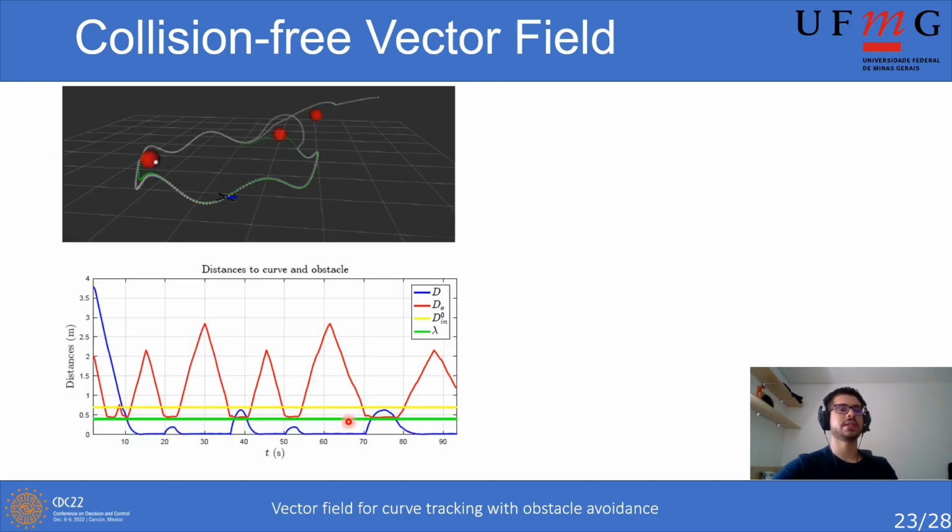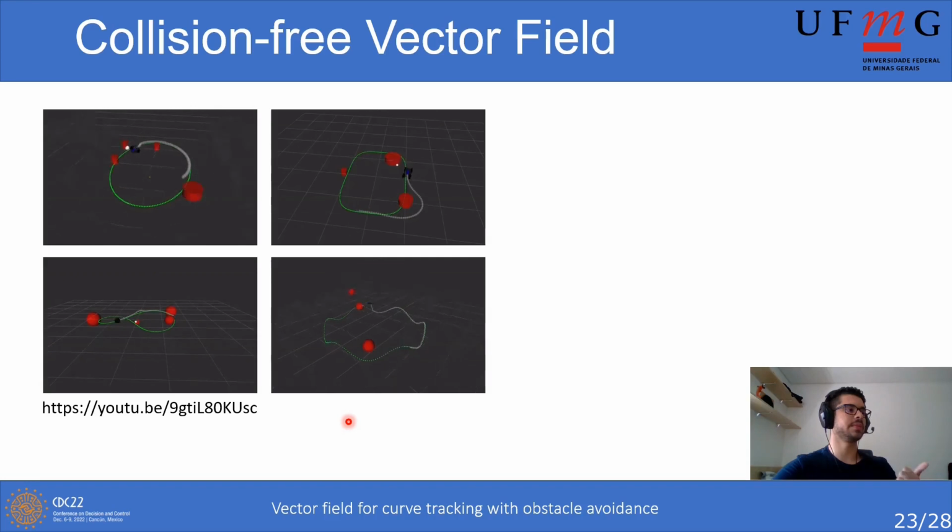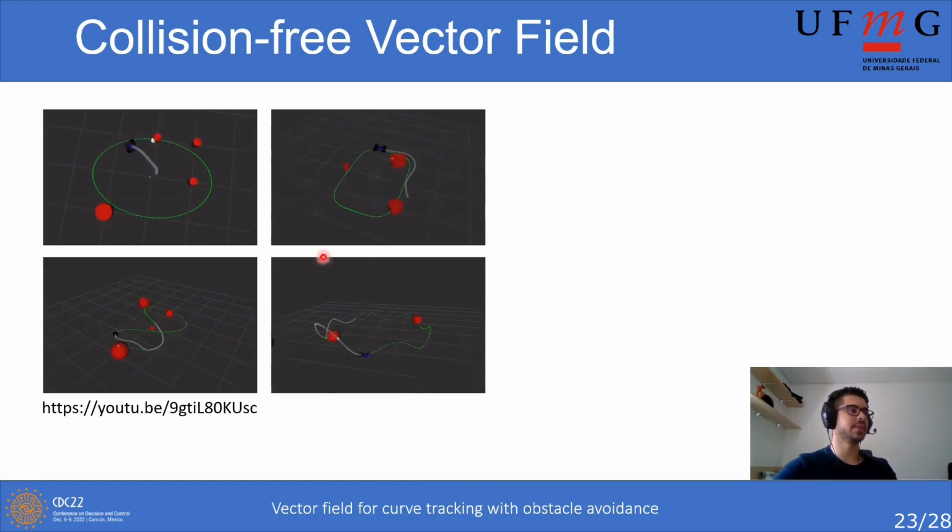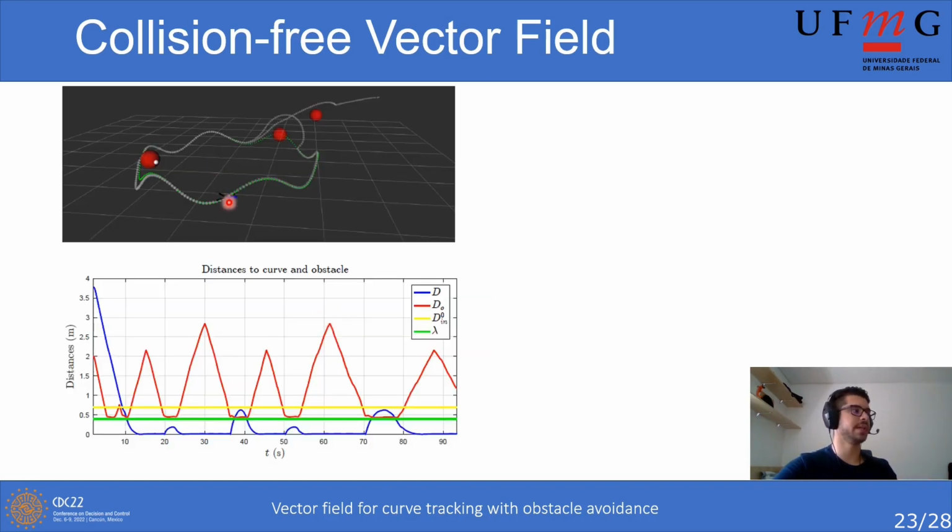And using one of the examples from this set of simulations, the example where we have a UAV quadcopter, we have in the top figure a snapshot of the trajectory, and in the bottom figure we have this graph, where in blue is the distance to the curve, in red is the distance to the obstacle set, in yellow is the first threshold, and in green is the desired distance that we want to follow the obstacle, the lambda parameter.